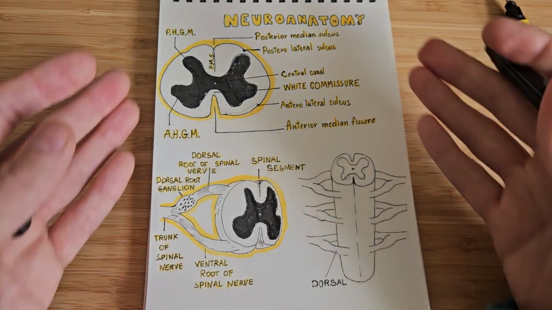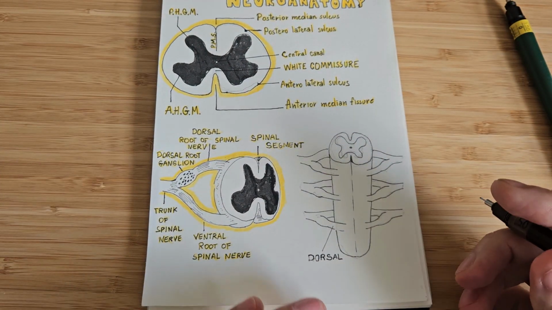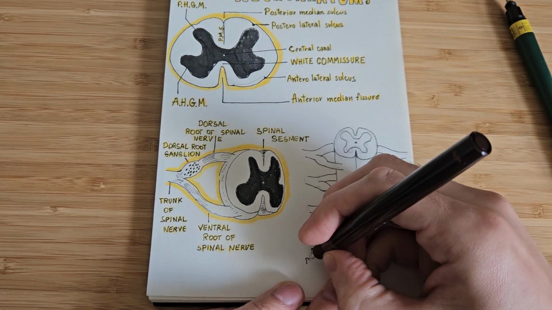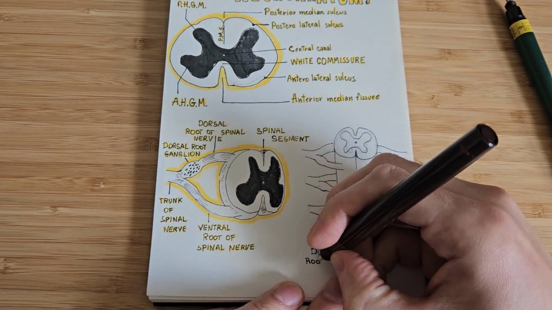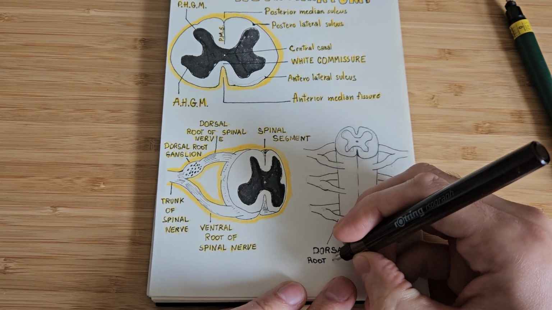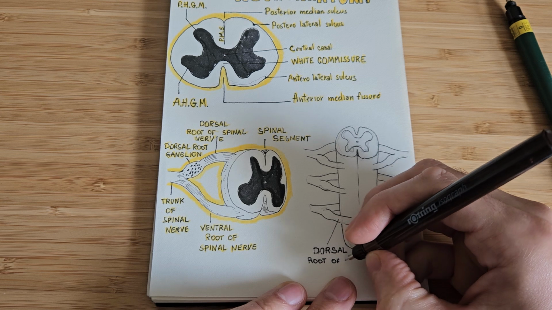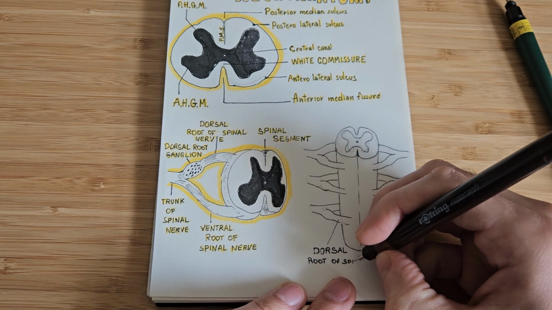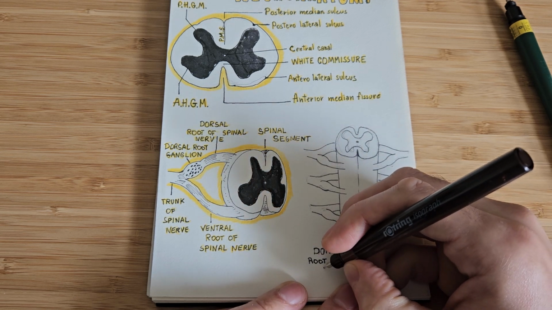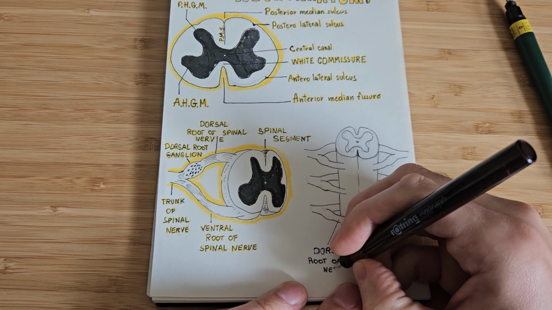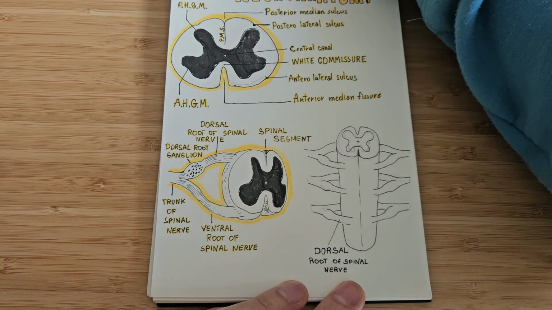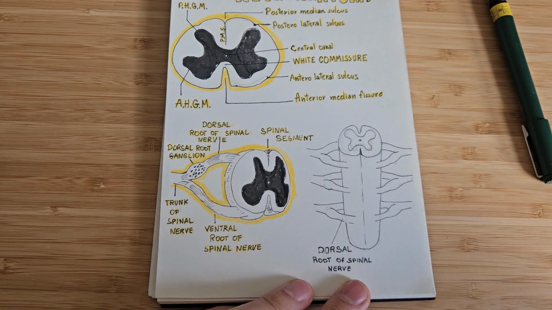Okay, making this colorful and dorsal root of spinal nerve. Then we have the ventral root of spinal nerve.